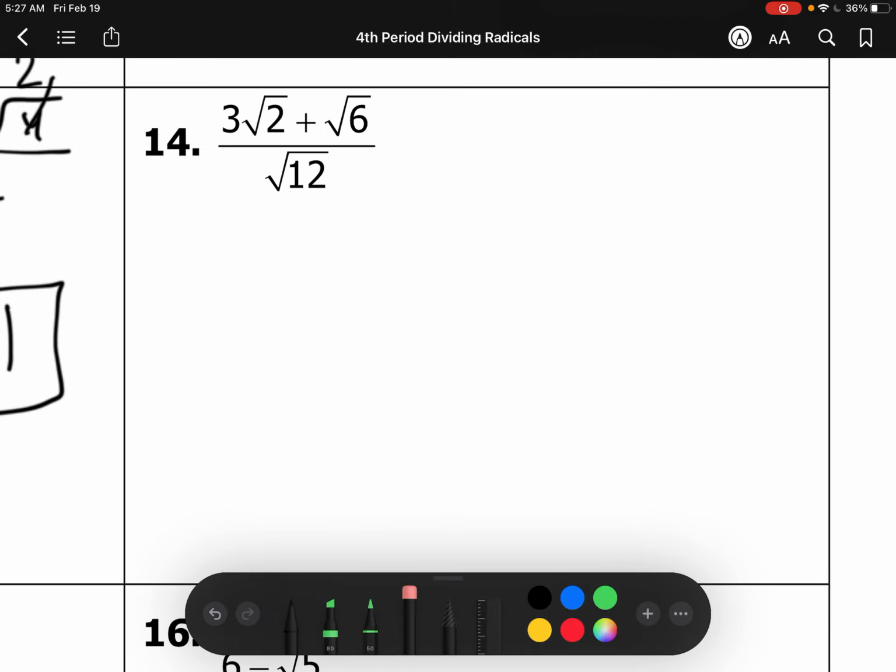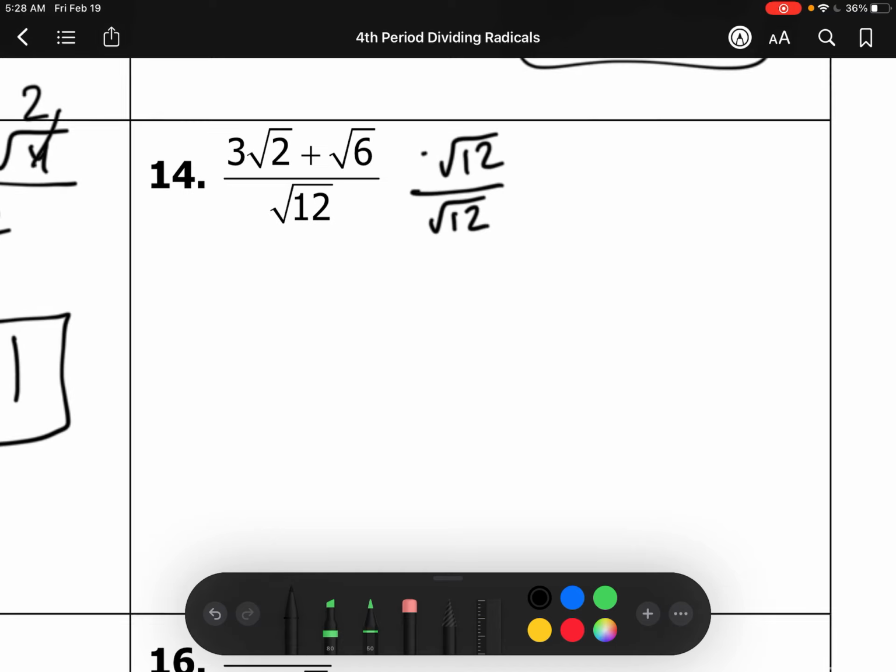Number 14, again, we have a monomial denominator. So we're multiplying by the square root of 12, square root of 12. So we're going to distribute, again, this is one binomial term. So we're going to multiply the square root of 12 into here.